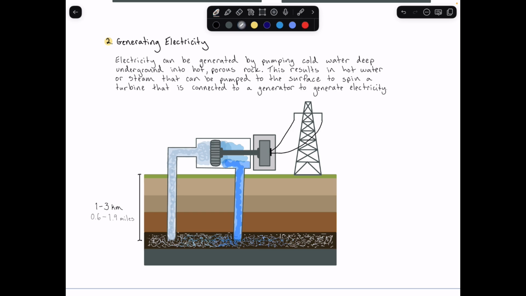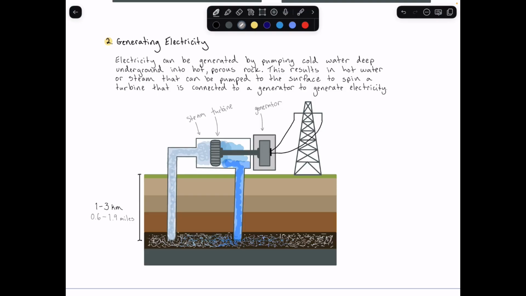So here, if we look at this diagram, it's the same thing. We have that steam, and that steam is being put through a steam turbine. My handwriting's a little messy. Turbine. And that steam rotates a turbine, which then takes that rotational kinetic energy. It's then attached to a generator here.